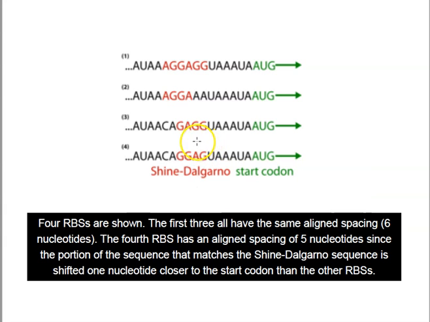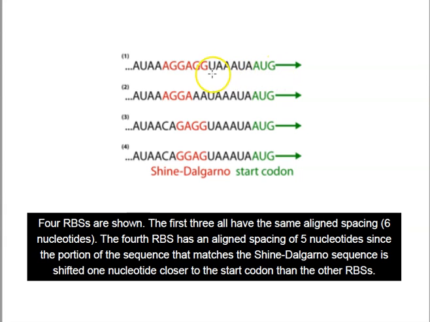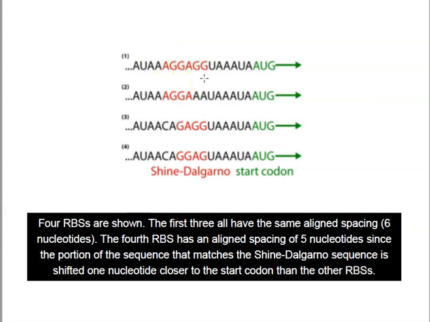When you view this Shine-Dalgarno sequence, which is upstream of the gene of interest, you can basically understand that there is a ribosome binding site associated with that particular gene. So all you need to do is look at the AUG, the start codon, and then look upstream for this particular sequence which represents a ribosome binding site, or an RBS.